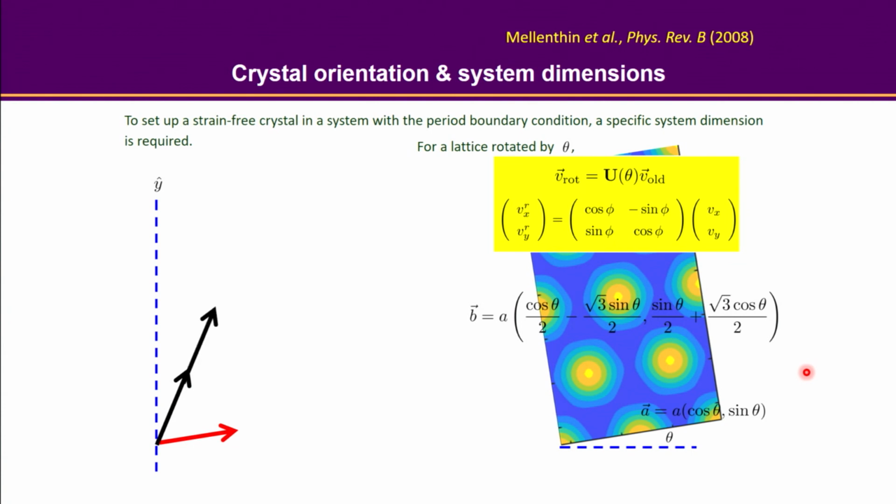So the question again is, if I go along the black direction, which means I can go from this atom to the next atom here, by adding the other black vector, how many repeated steps do I have to take so that you can add or subtract certain units of the red vector, which will bring you back to x equal to 0? Because we are starting with x equal to 0, right?